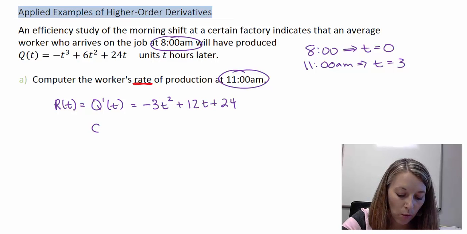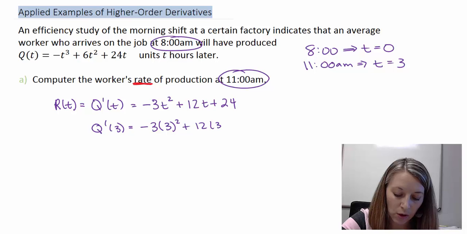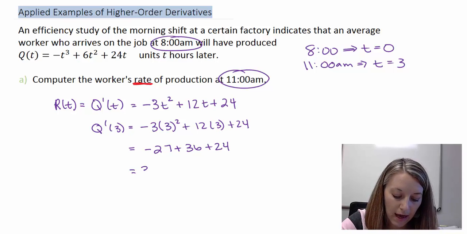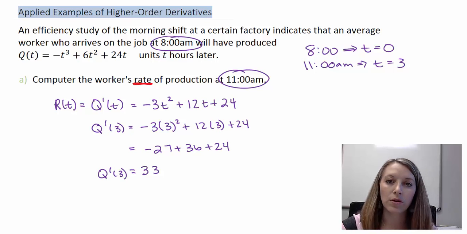So we need to figure out what Q prime of 3 is. I just substitute 3 into all the t's in this equation and simplify. So this gives me negative 27 plus 36 plus 24. And when I add all these together, we get 33. So Q prime of 3 is equal to 33.